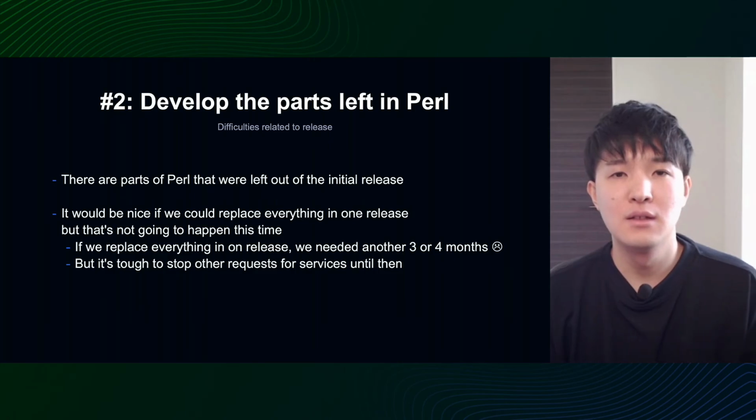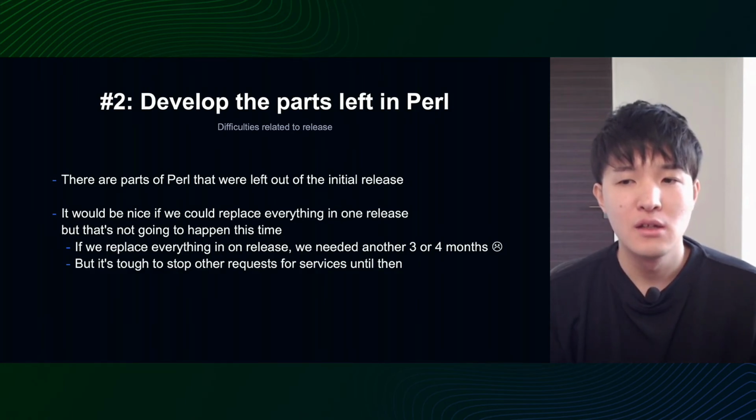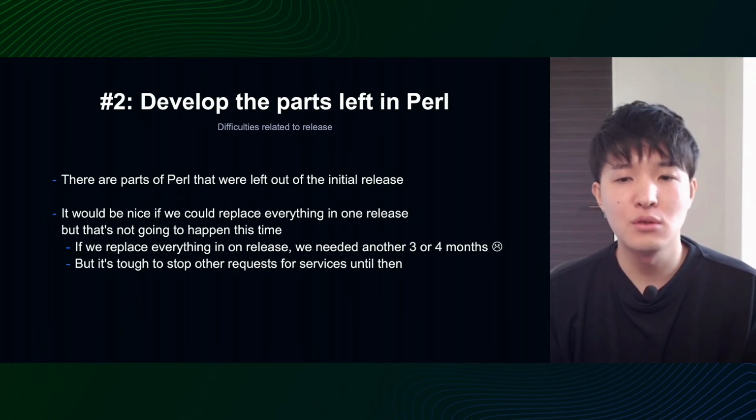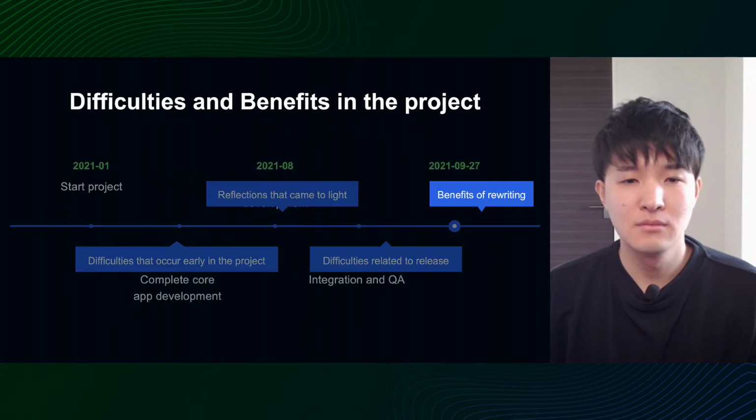But it's really difficult to stop other requests for services while doing it. So partial releases and meeting inquiries and requests were necessary and better for services. So what is to be left in Perl and how to handle what is left in Perl is something we really considered well.